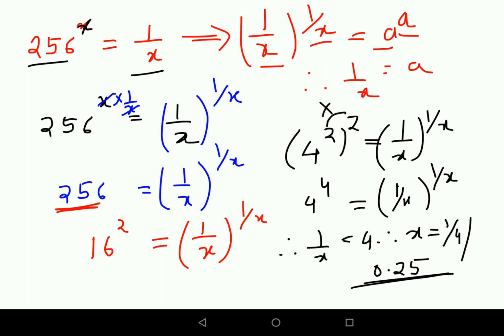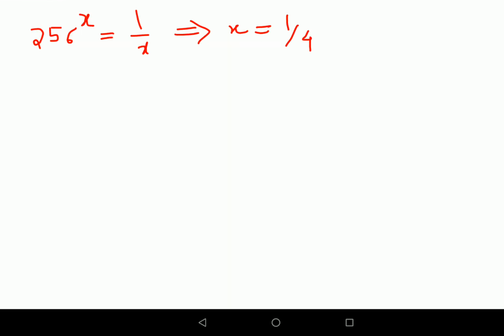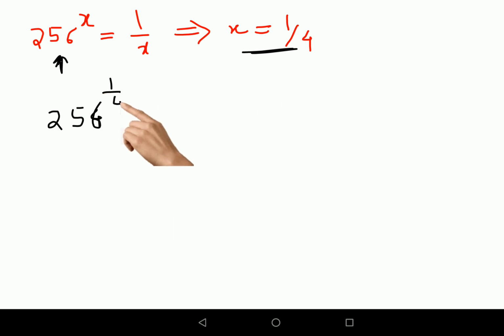Now for those who wonder about this, let's try and see whether after substituting we are getting the same answer. So we will put x equals 1 upon 4 over here. So what we'll get is 256 raised to 1 upon 4.